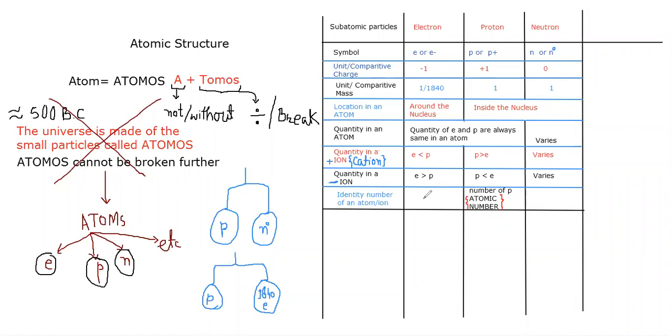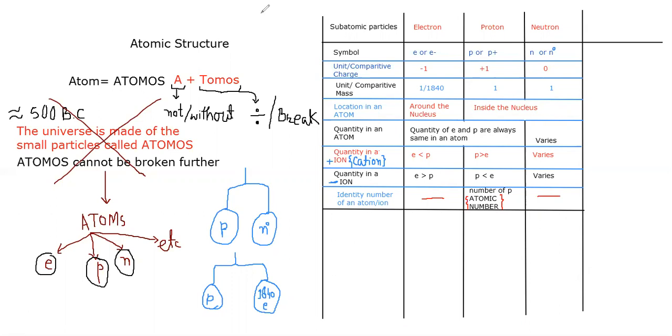But when you talk about electron and neutron, there is no role of electron and neutron to identify such kind of things. They may help us, but the identity card of an atom is the number of protons, meaning how many protons are found in an atom or in an ion.